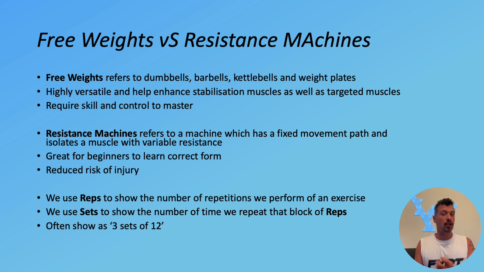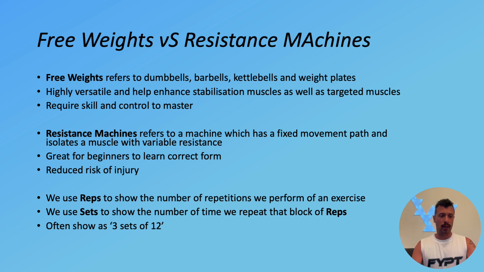That means that you reduce the risk of injury, but it's also really good for allowing the muscle to be isolated. Sometimes you find that a lift is actually limited not by the muscle that you're trying to target, but by other muscles around it. By using these machines, the resistance machines, you can sometimes push a lot harder because you're disengaging the activation of the other muscle.